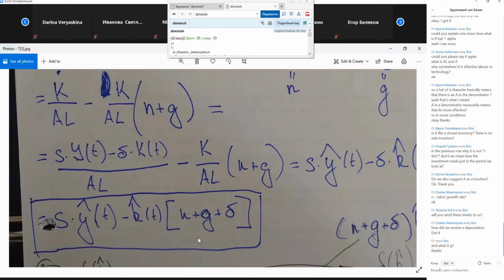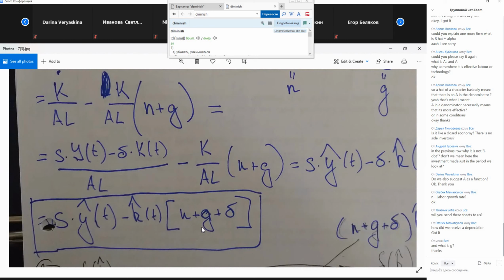g also has a negative effect on capital per unit of effective labor. That's not so intuitive at first glance. However, if you think about it, it makes sense, because if your workers become smarter, faster, so g is the growth rate of technology, the higher the g, the faster they accumulate knowledge.